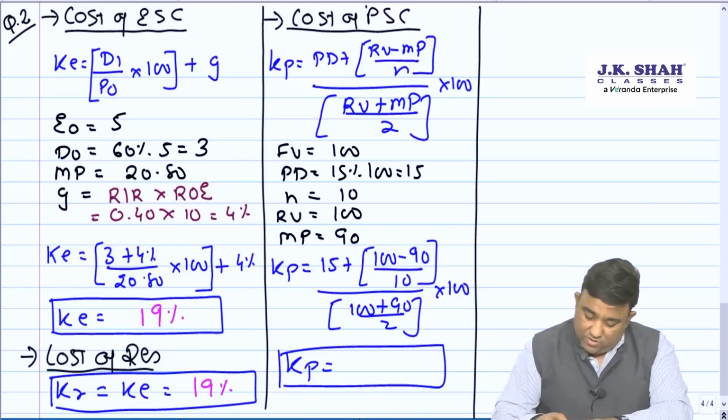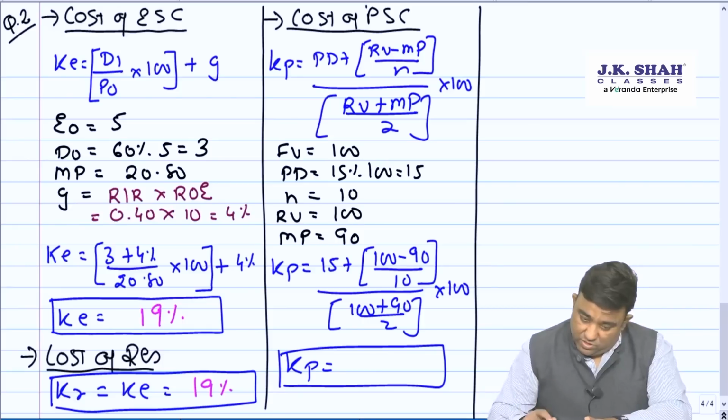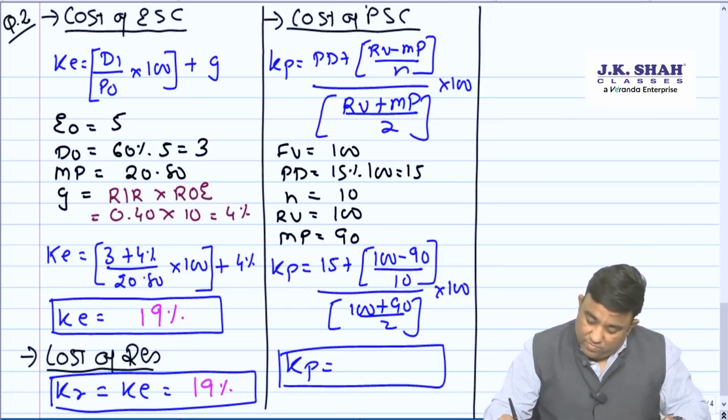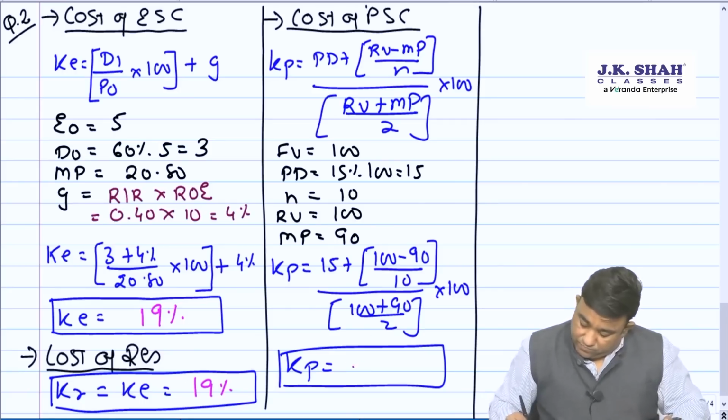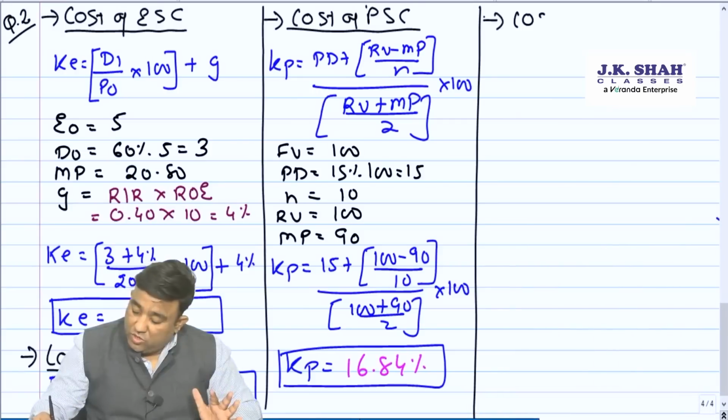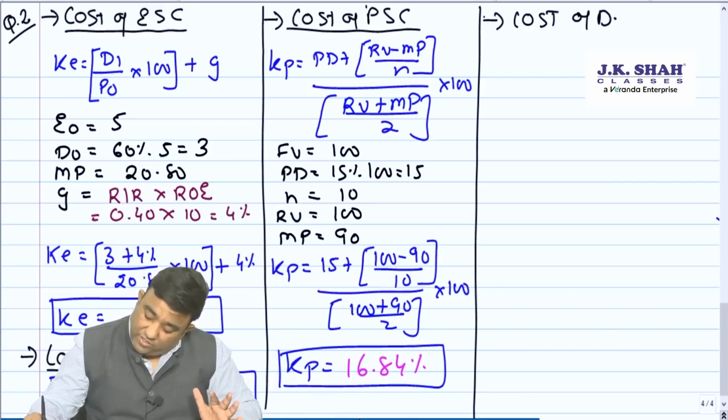This is 10 divided by 10 plus 15, divided by 95, into 100. 15 plus 1. It is 16.84%. Perfect, everyone.